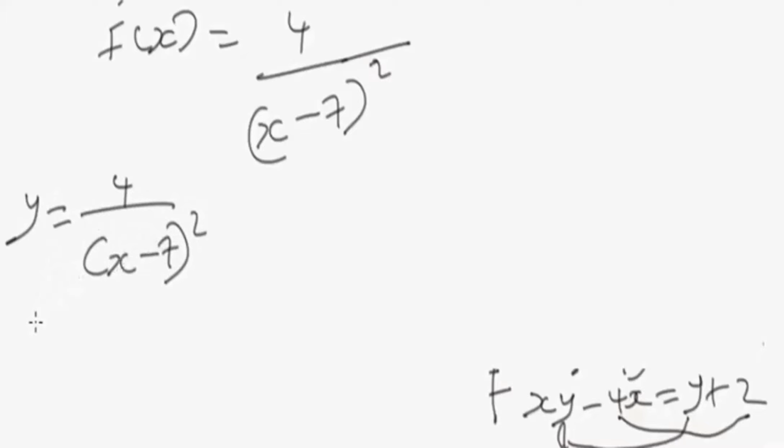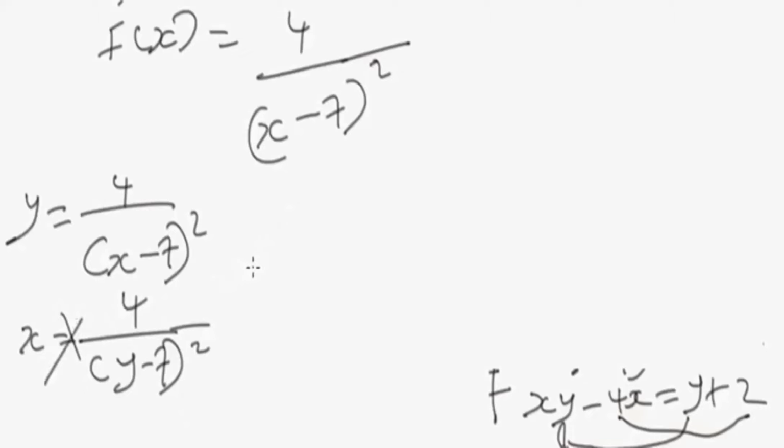When you do it, you then have x equals 4 over in bracket y minus 7 squared, and then make y the subject of the formula. You cross multiply because we're going to have x multiplied by y minus 7 squared equals 4.